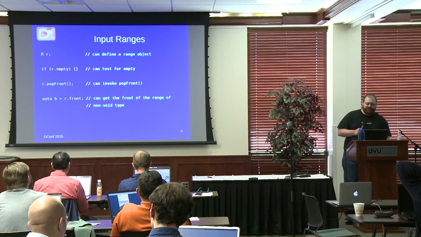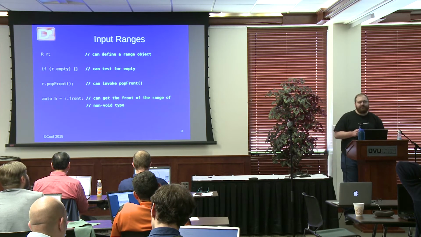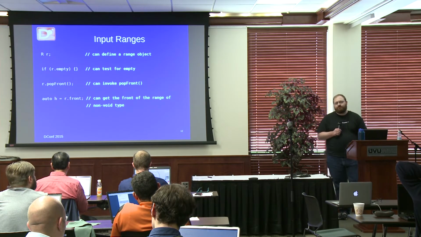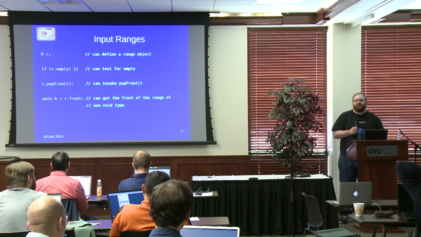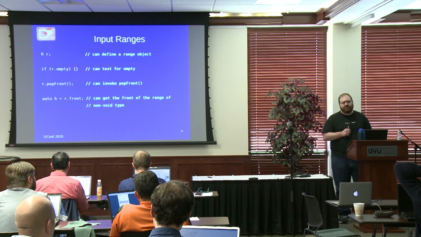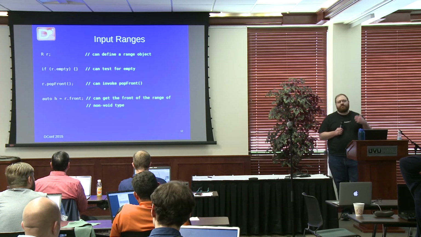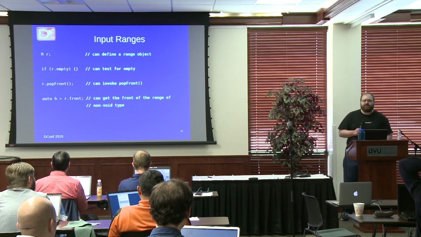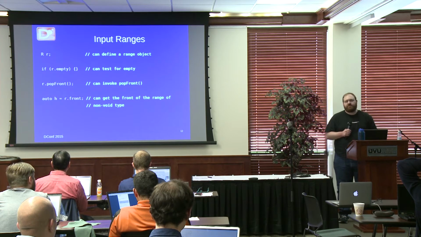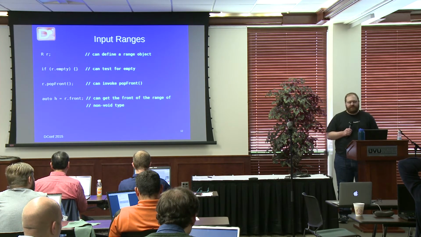The next function that it tests for is popFront, which is equivalent to incrementing an iterator. It pops the first element off of the range, as opposed to front, which is equivalent to dereferencing an iterator, so you get what is currently the front of the range.